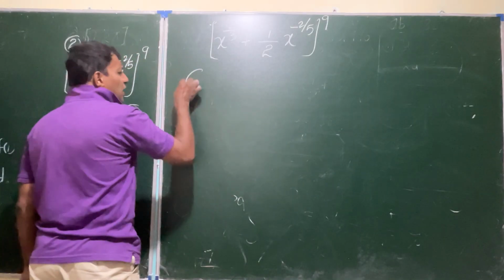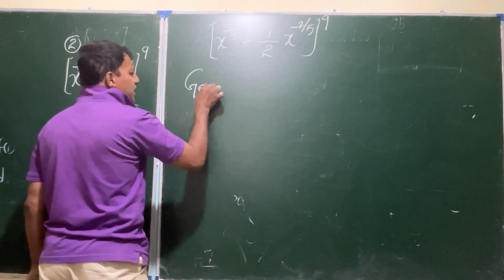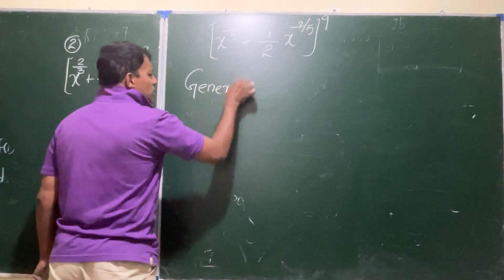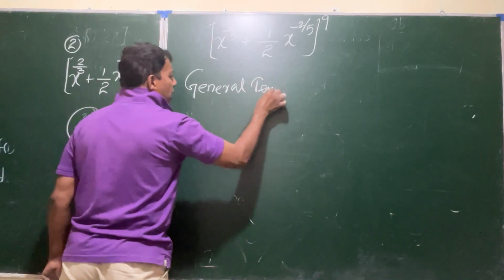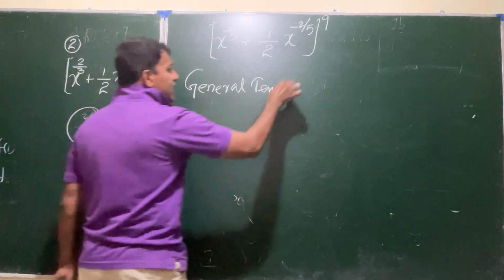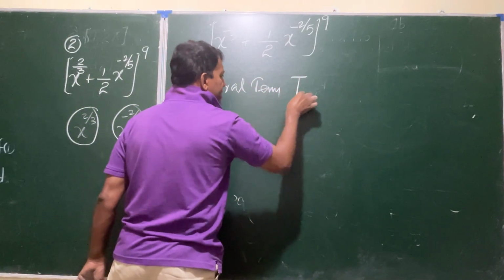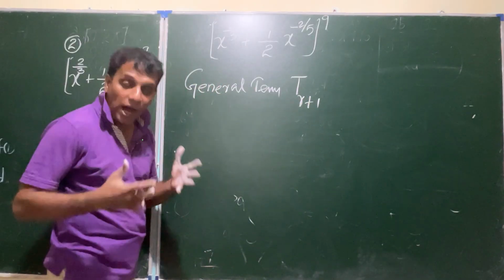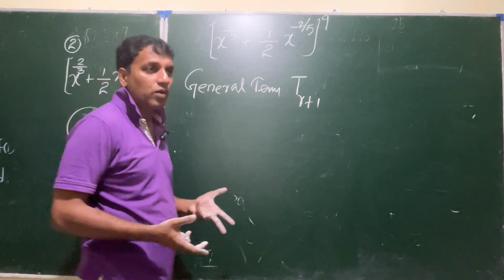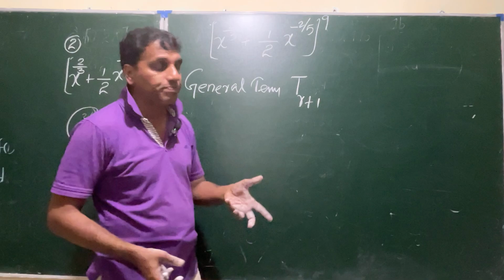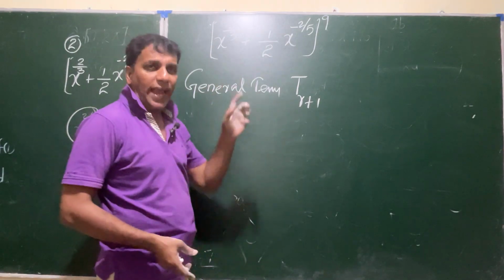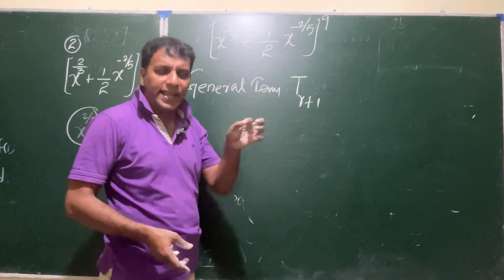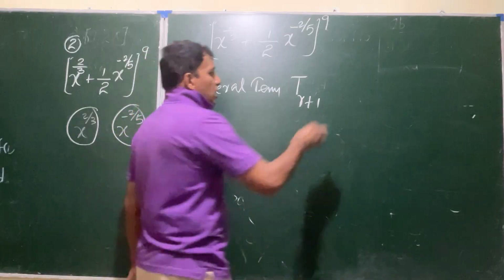Can I find the general term of this series? General term or common term, we use T(r+1), right? Can I write the nCr format?